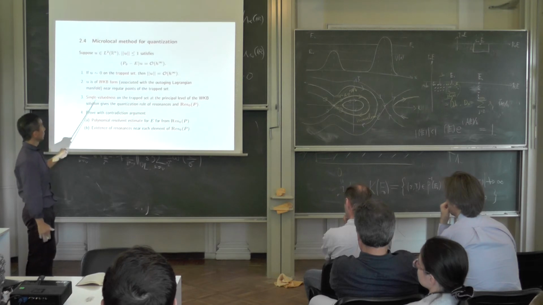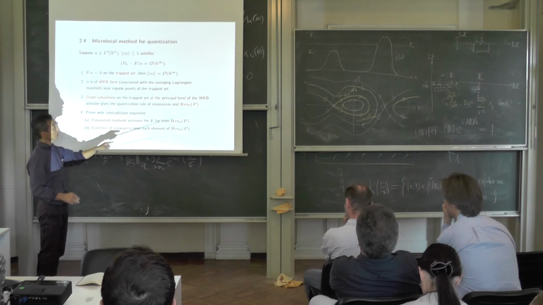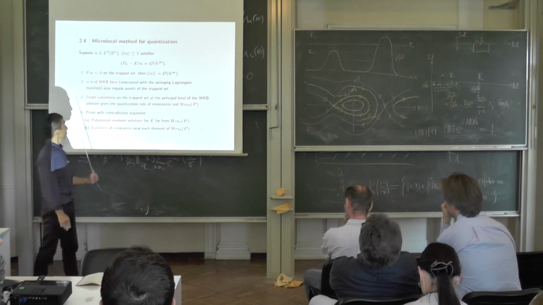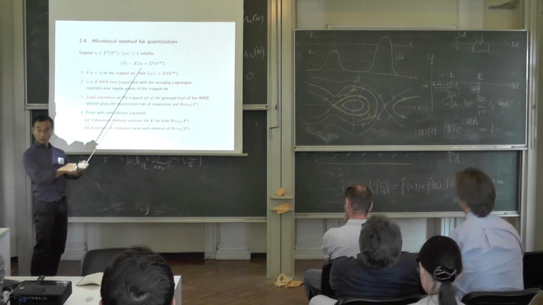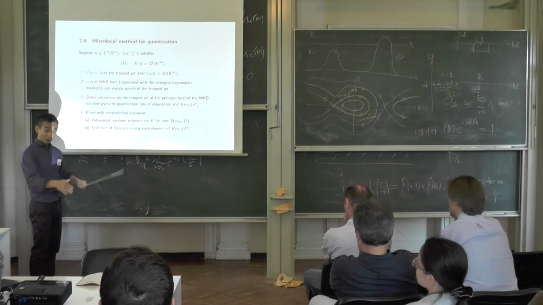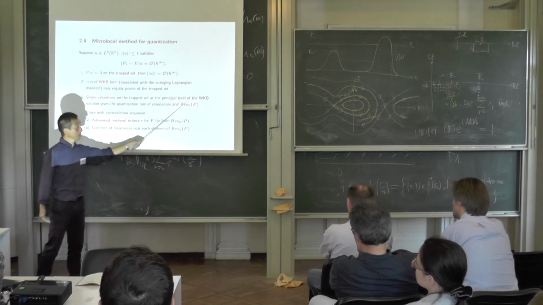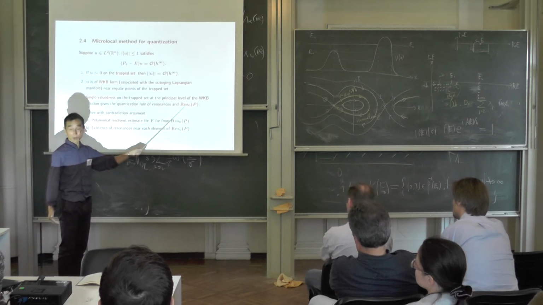So the single valuedness on the trap set at the principal level of the WKB solution gives the quantization condition. Like that we obtain the quantization condition, and we define this set as the approximate resonances.